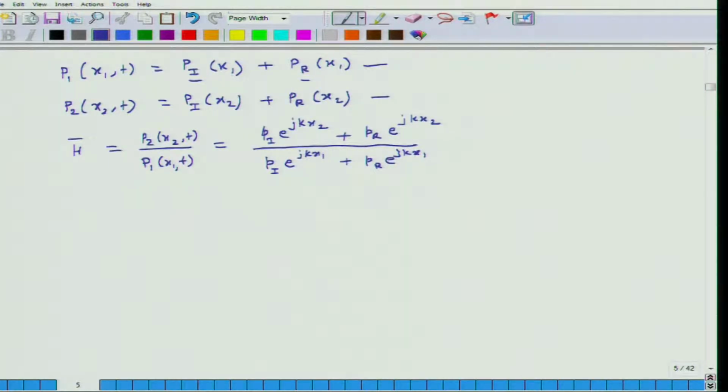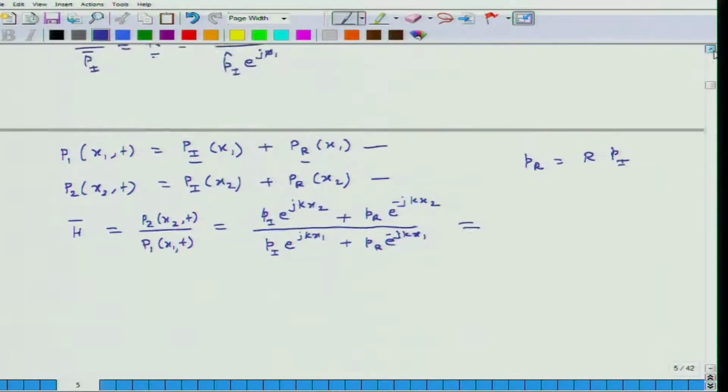No, there should be a negative here and there should be a negative here, right? There should be a negative sign here. Now I know that Pr is equal to R times Pi.